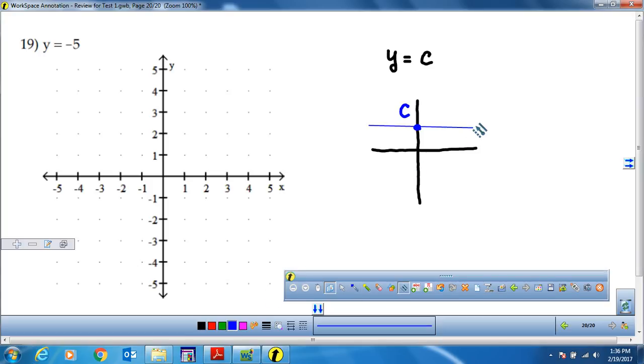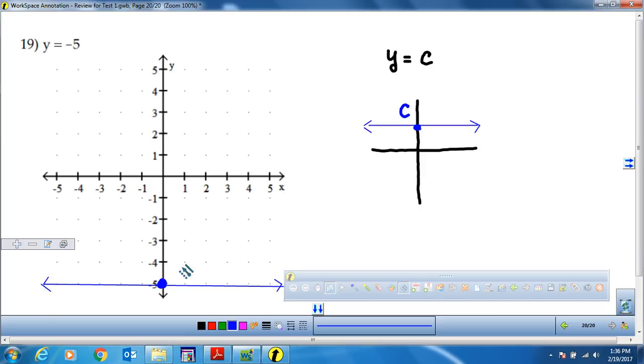That's what y equals c basically looks like. A horizontal line intersecting the y-axis at y equals c. So this one is y equals -5. That one is going to be a horizontal line intersecting the y-axis down here at y equals -5. And that completes this question. That would be the end of this review.